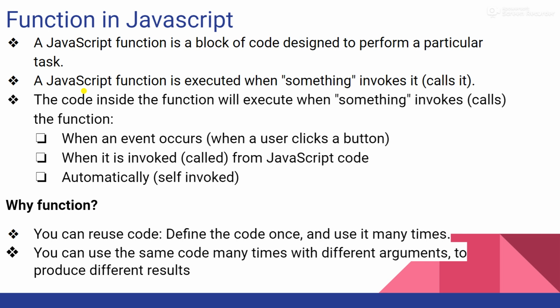Next, when it is invoked from JavaScript code. Suppose you are calling a function by its name in the code itself. There is no form; in the code itself you can call. And automatically, meaning some functions get called by themselves. So these are some conditions where the function can execute, right?